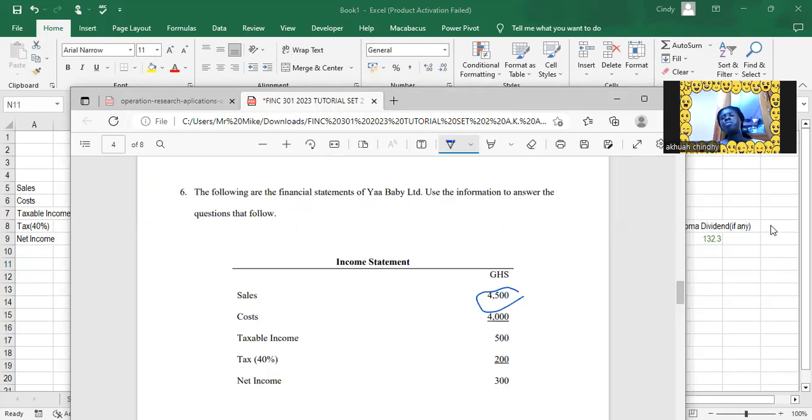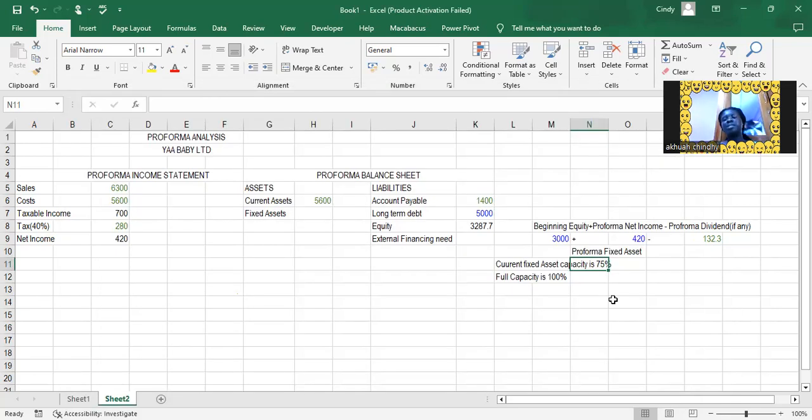So we want to know, what if we had operated at 100% capacity? Then what should have been our current sales? Our current sales is 4,500. But if we had operated at 100% capacity, what should it have been? So we want to know that full capacity sales. You get it?